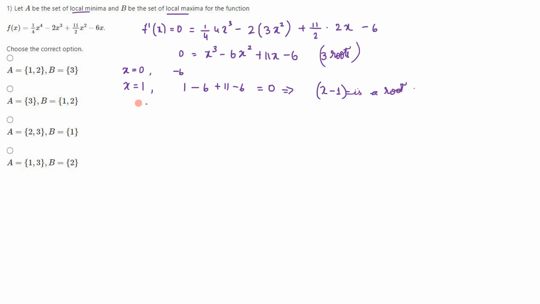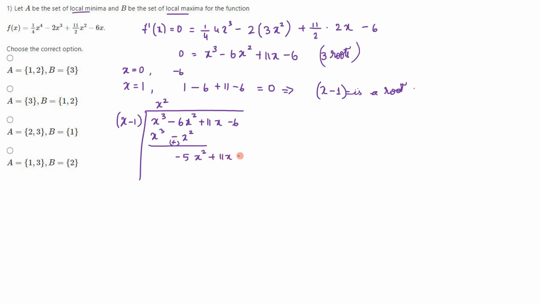Now we have to divide x cube minus 6x square plus 11x minus 6 by x minus 1. If we divide, we have x square. Multiplying with x square, we get x cube minus x square. So x cube is cancelled, and we have minus 5x square plus 11x minus 6.